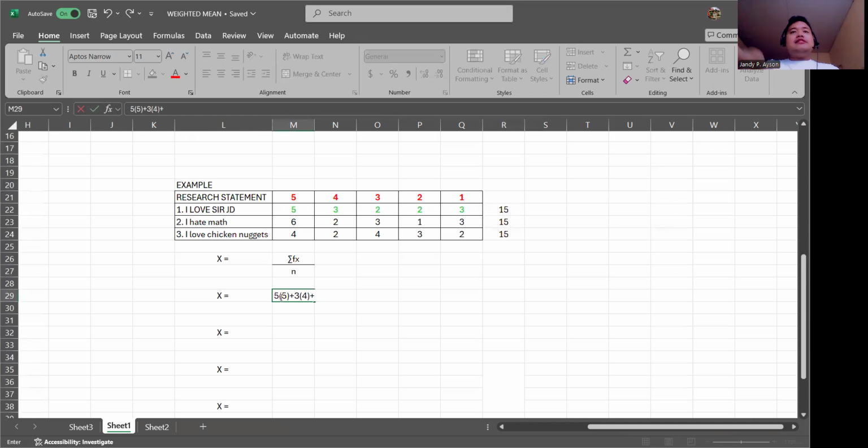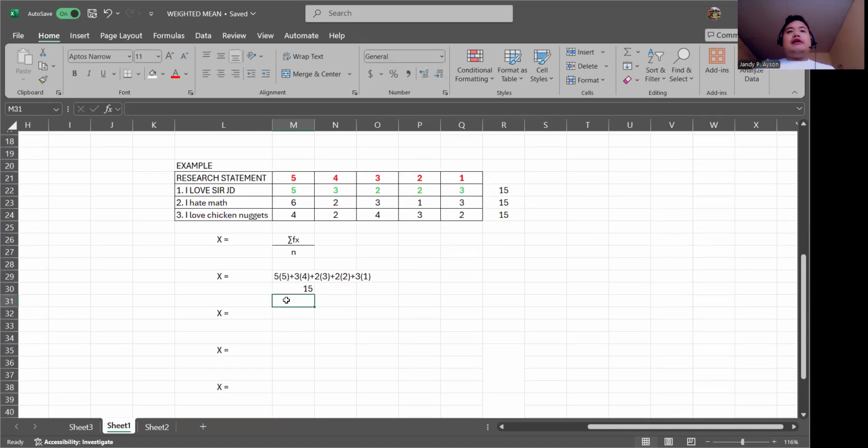And then, plus, ilan yung nagsabi ng 3? Merong dalawa. 2 times 3. Plus, ilan yung nagsabi ng 2? Merong ding dalawa. So, 2 times 2. And then, ilan yung nagsabi ng 1? Merong tatlo. 3 times 1. So, that is our first value over, ilan nga ulit yung respondents natin? 15. So, ayan na yung magiging value natin.